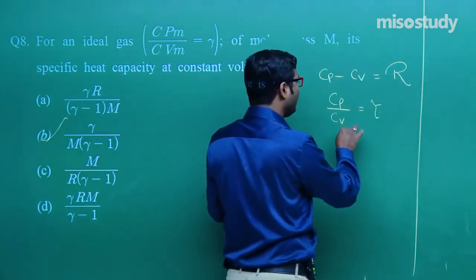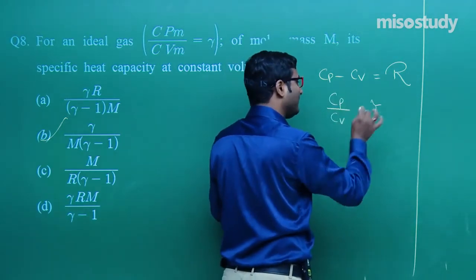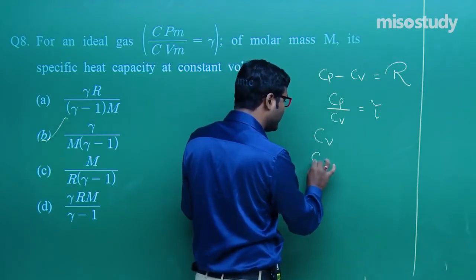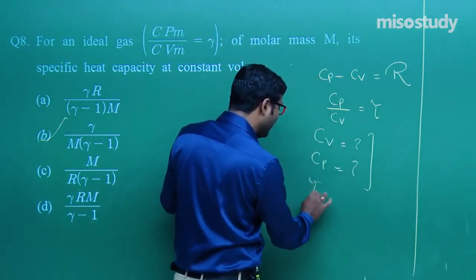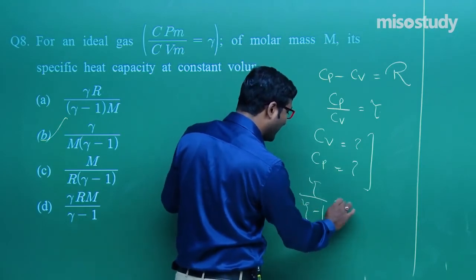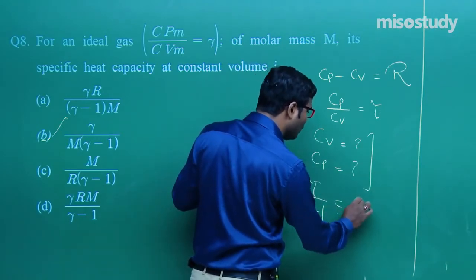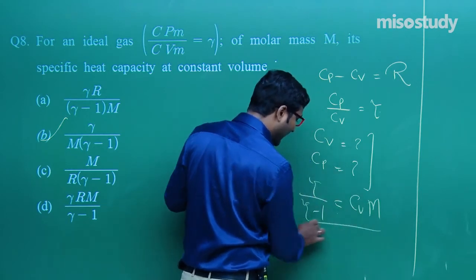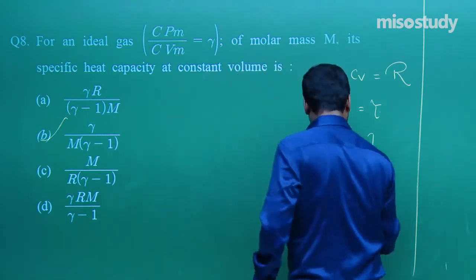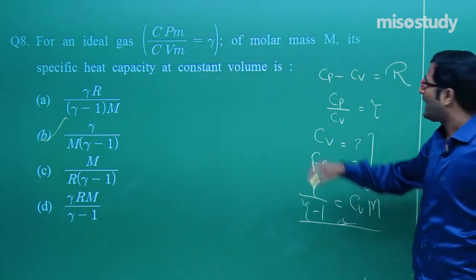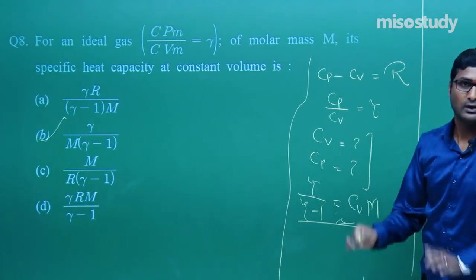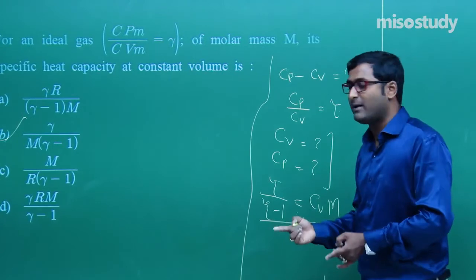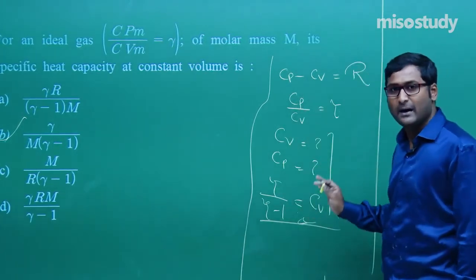If we put the value, then definitely you will get the relation of Cv and Cp. I have derived this relation in my theory lecture also. If you have any doubt, you can easily approach me.